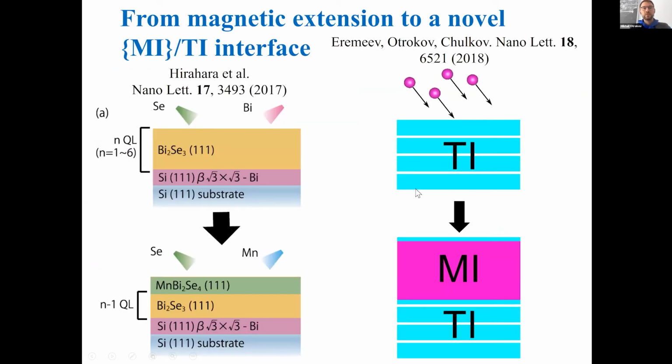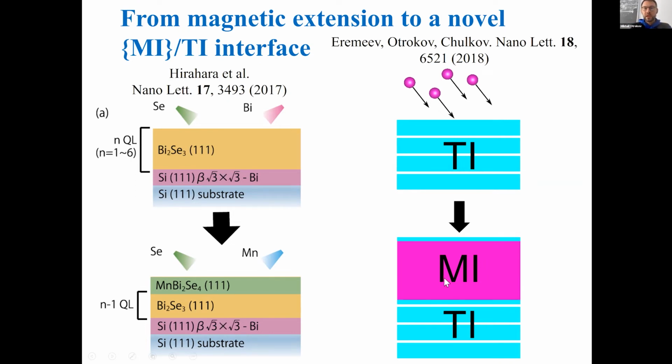What else can we do with this kind of experiment when we deposit magnetic atoms on the surface of these TIs? Inspired by the growth protocol developed by Hirahara and co-workers, we thought: what if we continue depositing manganese and selenium atoms on top of the first manganese bismuth selenide septuple layer, and then deposit more and more?